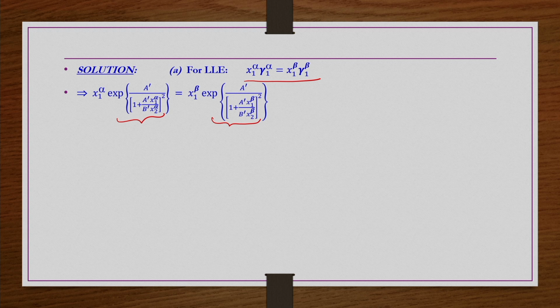A prime and B prime are given. The only thing we have to find out is x1 alpha and x1 beta.